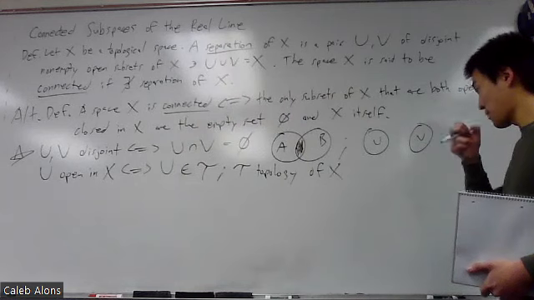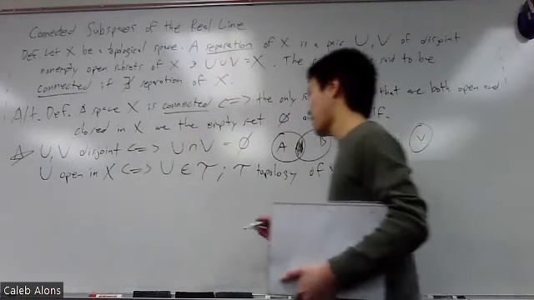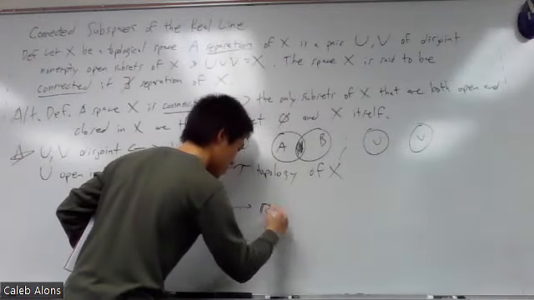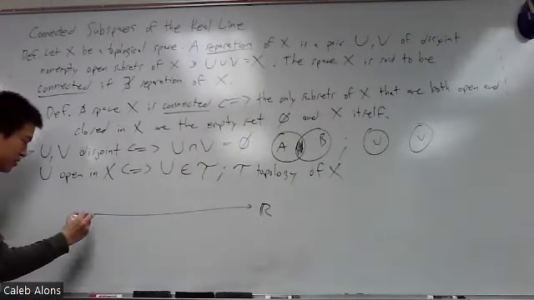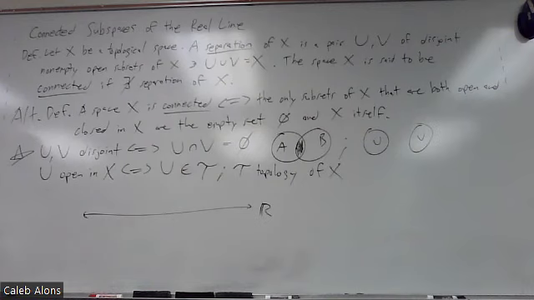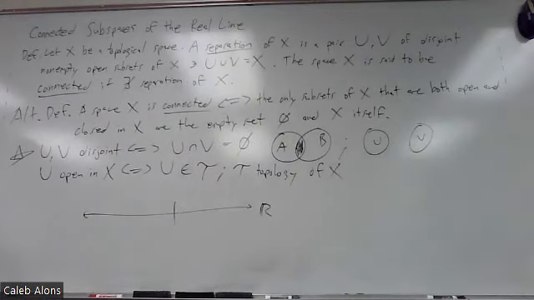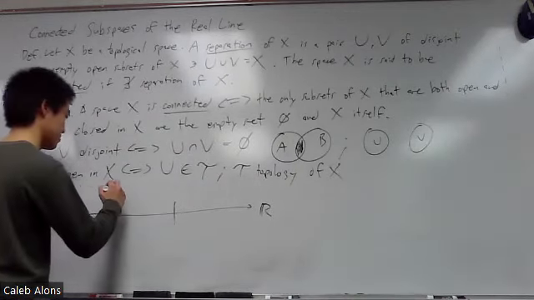So just draw the real number line. And let's say we wanted to split that into two. Could we do it by having both sides open? So like draw a line in the middle, split it into two parts, right? So that's U and V. We created a separation, or can we?